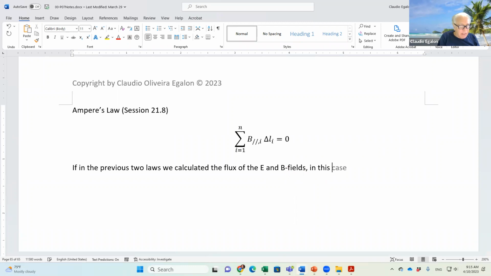In this law, we calculate the summation. There's no, we don't call it a flux.